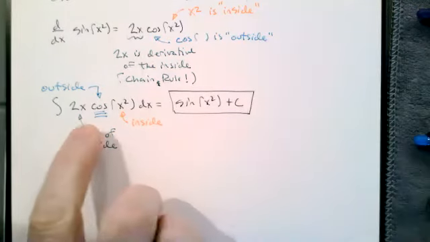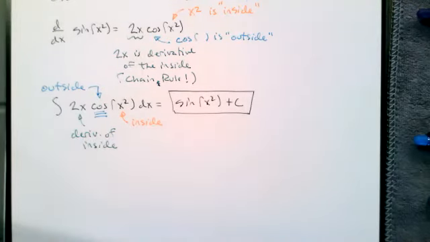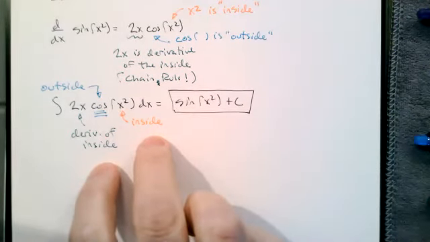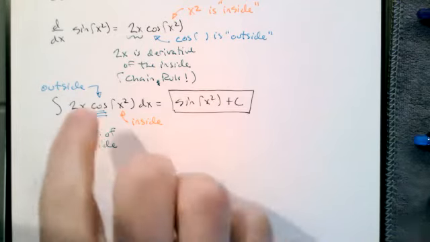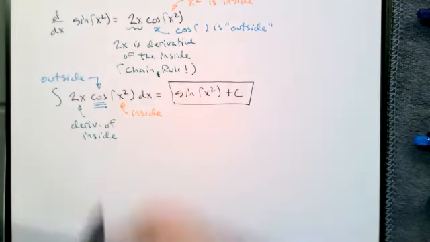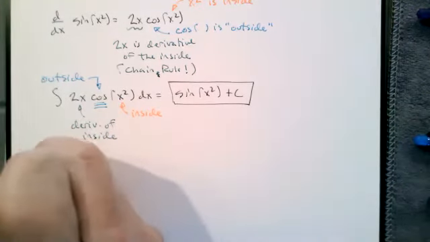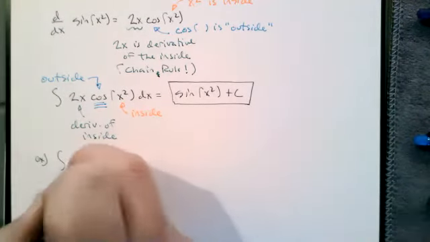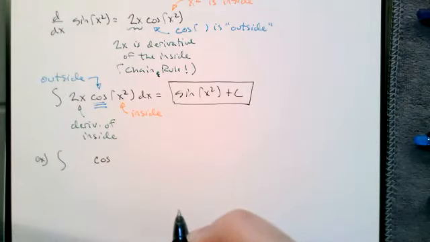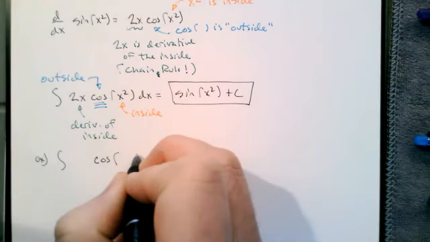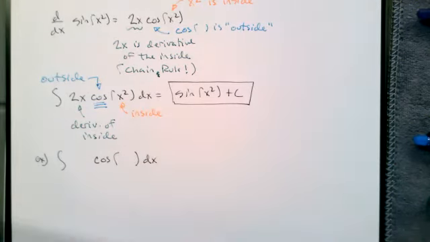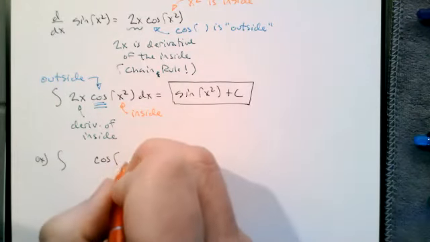So then we're really integrating the outside function. The integral of a cosine is a sine. So when we have the inside and the derivative of the inside, that's all just there to make the integral of cosine go. If I look at a modification of this problem, say I want to integrate cosine of, let me change up the inside, x to the third.